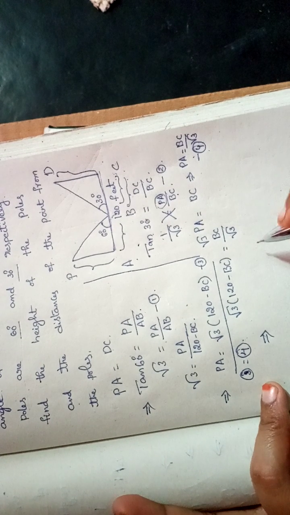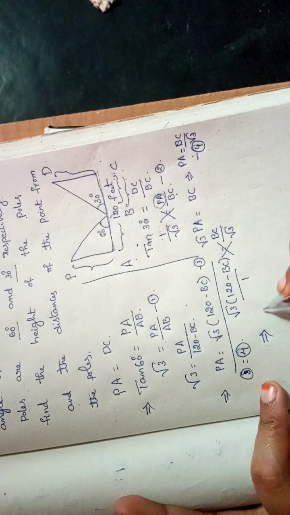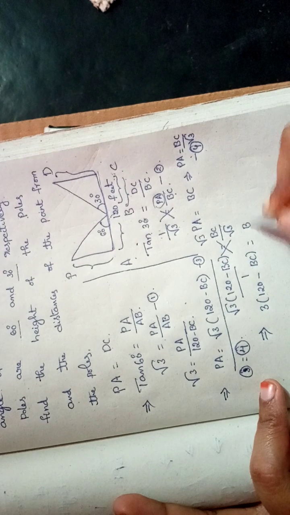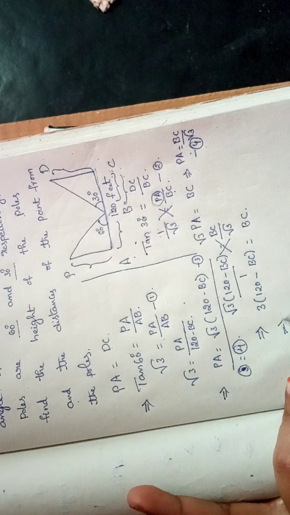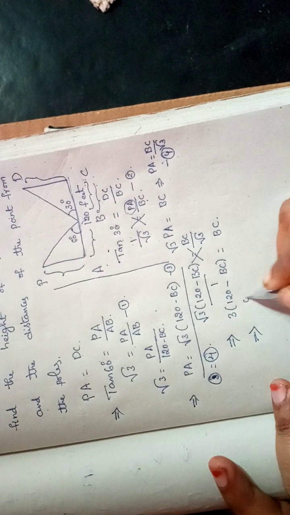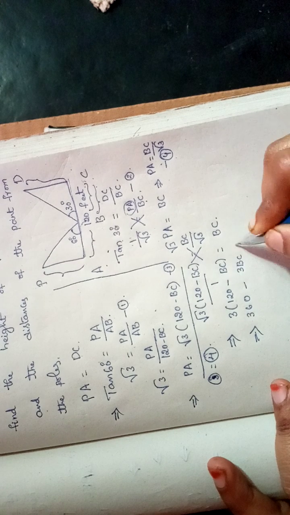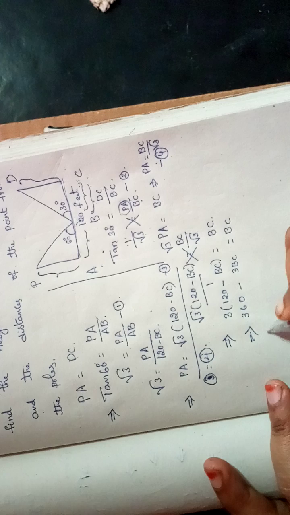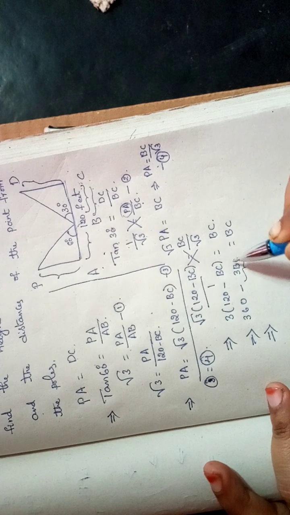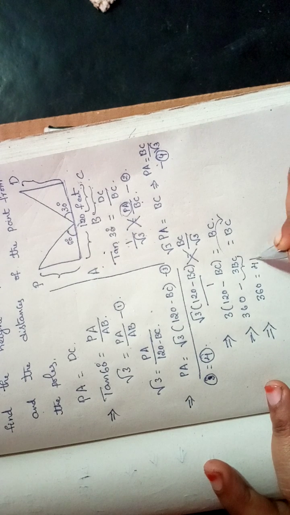Next, we take cross multiplication. Root 3 into root 3 is 3, so 3 into (120 minus BC) equals BC. Multiplying into the bracket, 3 times 120 is 360, minus 3BC, equals BC. Moving 3BC to the right side, it becomes 360 equals 4BC.